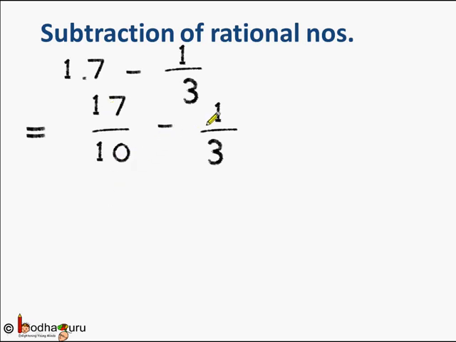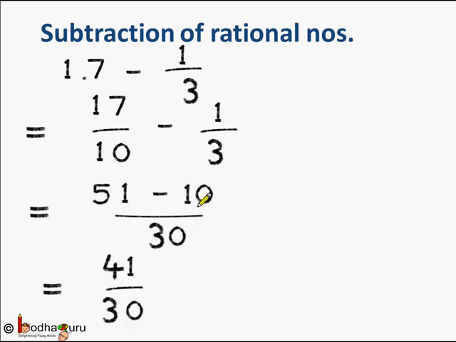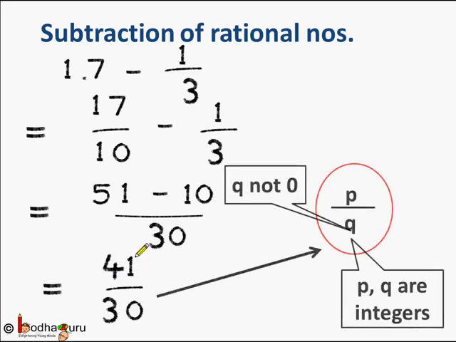So here we have 17/10 minus 1/3. Taking out LCM, we get 30, and 17 threes are 51, and here we get 10 ones are 10. So 51 minus 10, and we get the answer as 41 divided by 30. The answer here is a rational number because it is in the standard form of p by q.